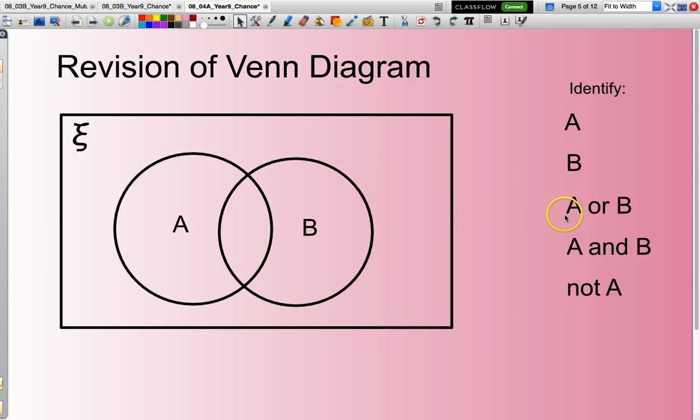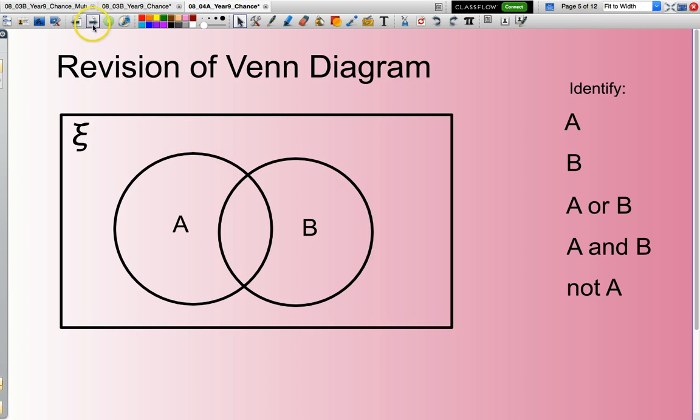We have A or B, which will be all the elements within this circle here, or that circle there. We have A and B, which are all the elements within both A and B, so it's just within this area here. And not A are all the elements that are outside this circle here.